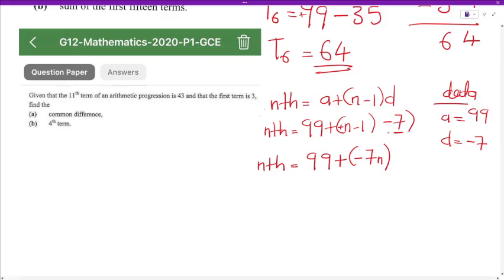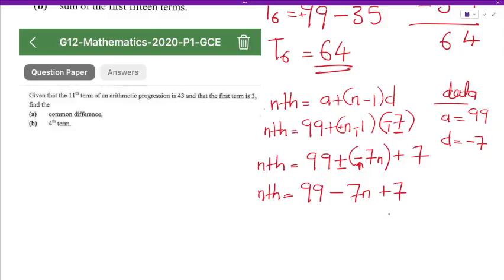You go to the negative 1. This negative times that negative there gives you a positive. 7 times 1 is 7. So nth in this case will be equal to 99. We now say a positive times this negative here is negative. Then the 7n can come outside of the brackets. Then we say plus 7.